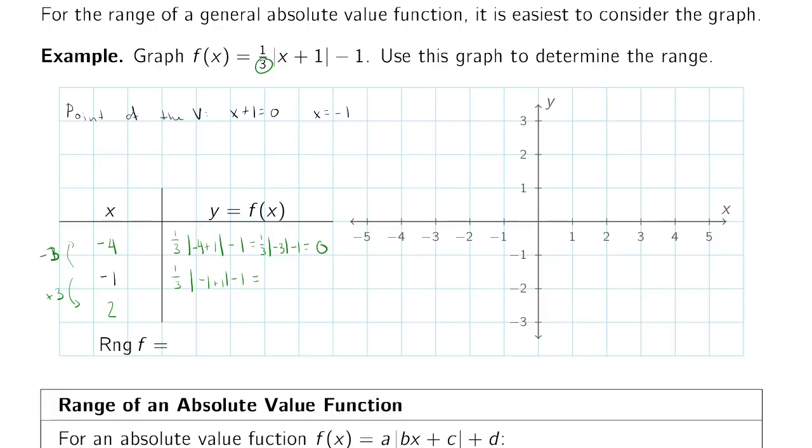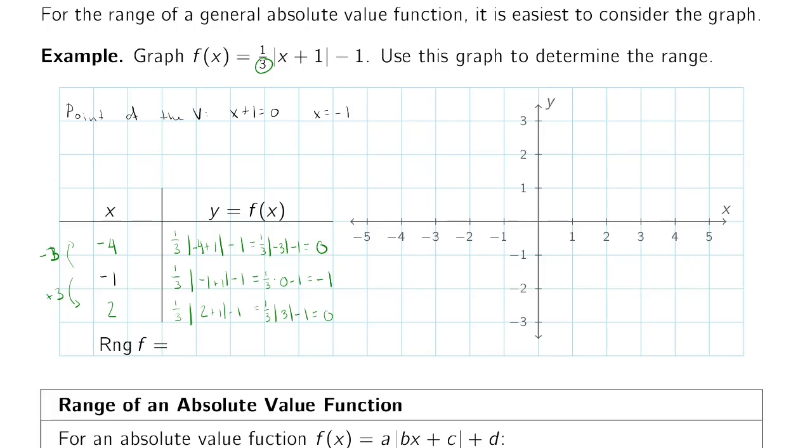A third times 0, minus 1. So that's just 0 minus 1, which is negative 1. And finally, a third times absolute value of 2 plus 1, minus 1. So that's a third times absolute value of 3, minus 1. A third times 3 is 1, minus 1 is 0 again.